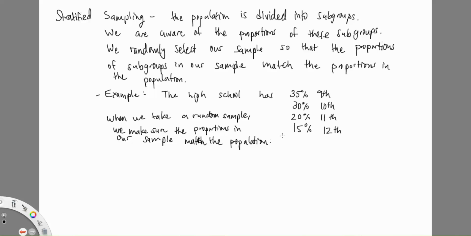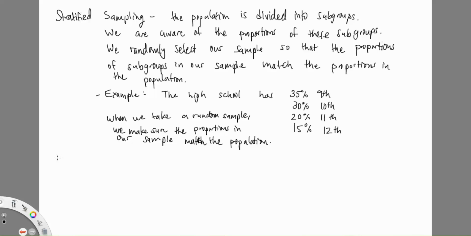So our samples should be 35% ninth grade, 30% 10th grade, 20% 11th grade, and 15% 12th grade, or something like that. So that's stratified sampling.